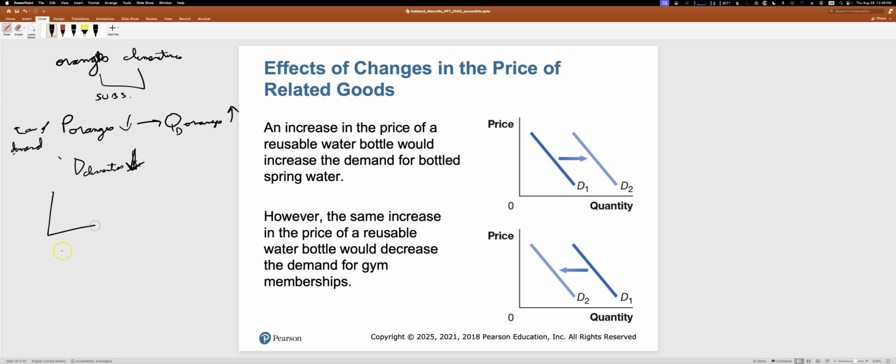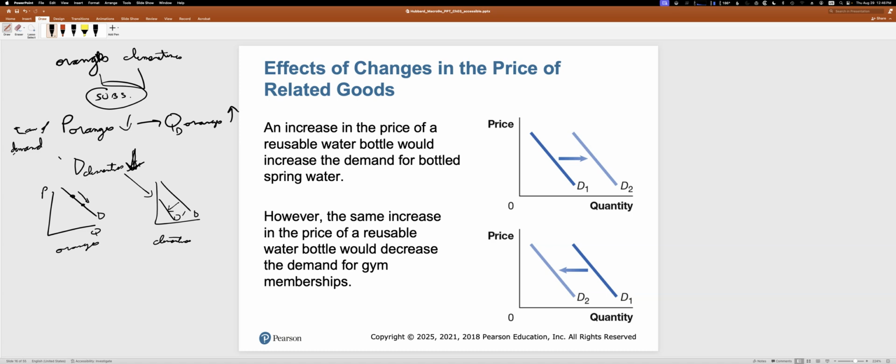That means we've got two markets. In my oranges market, we've got price and quantity, and I'm moving along the demand curve from the law of demand. But in the clementines market, I've got a shift in demand. That demand is falling. That's what exists when we have substitutes.